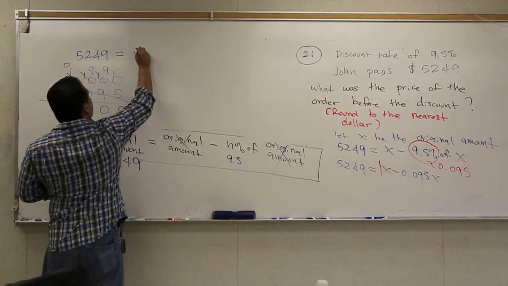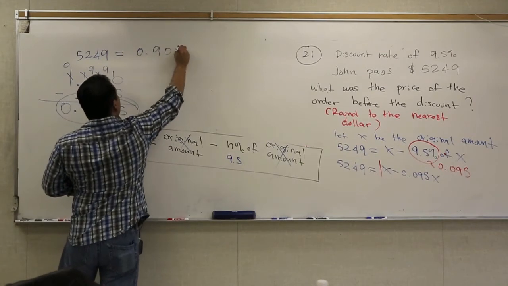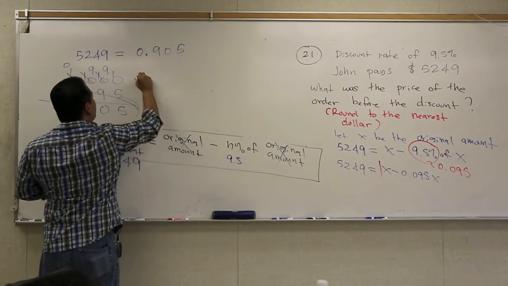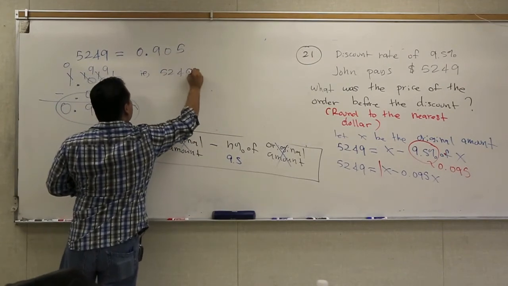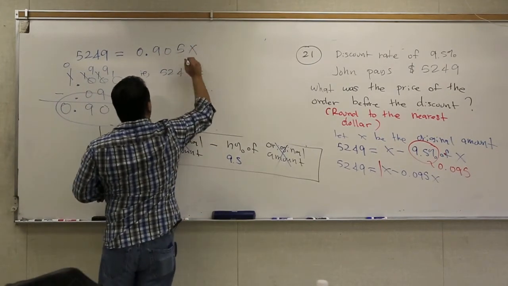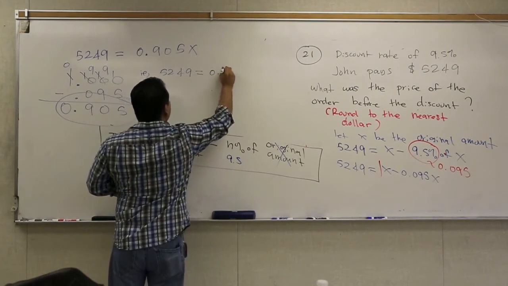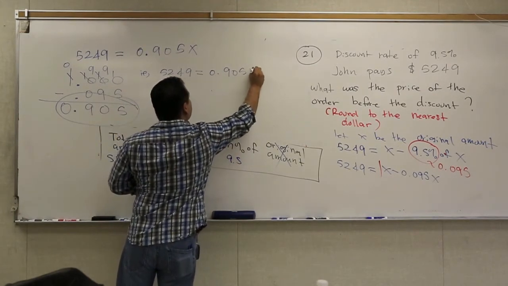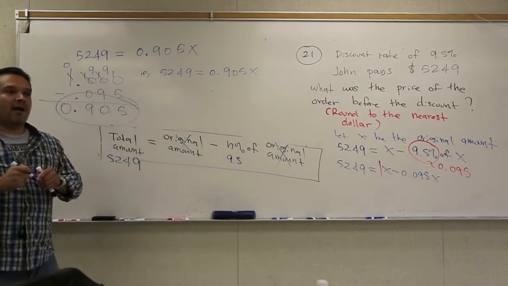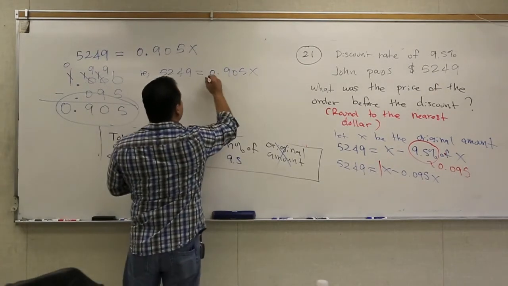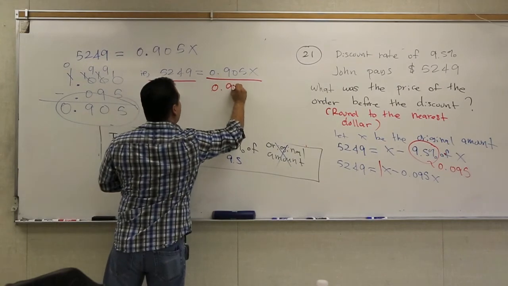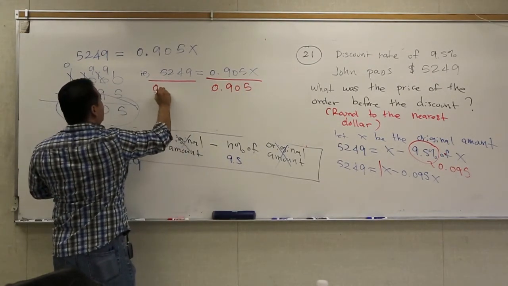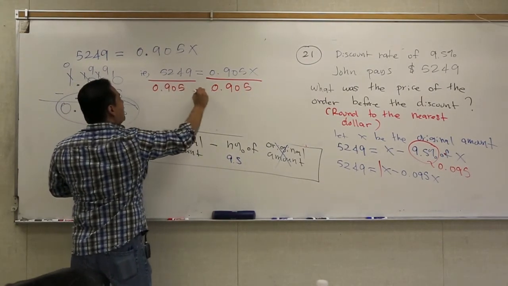So this is going to be 0.905. In other words, 5,249 will be, don't forget the x, 0.905x. And again, how do you solve for x? Divide both sides by 0.905.